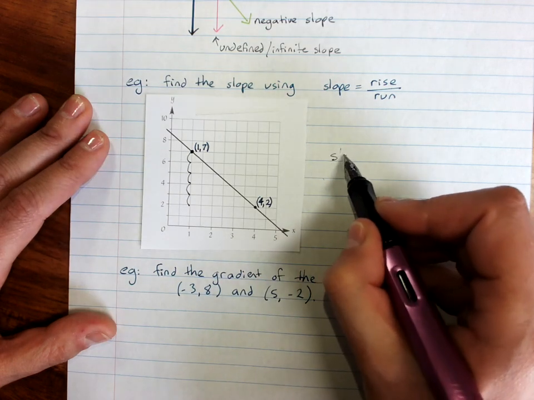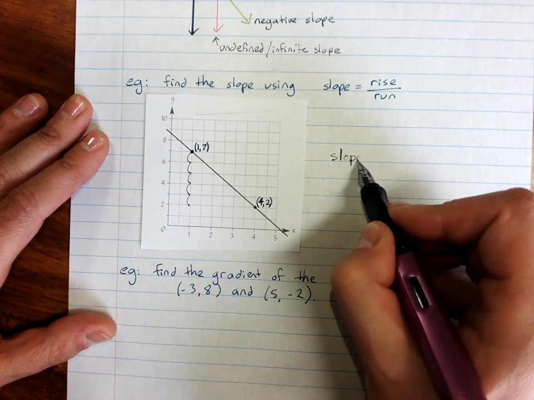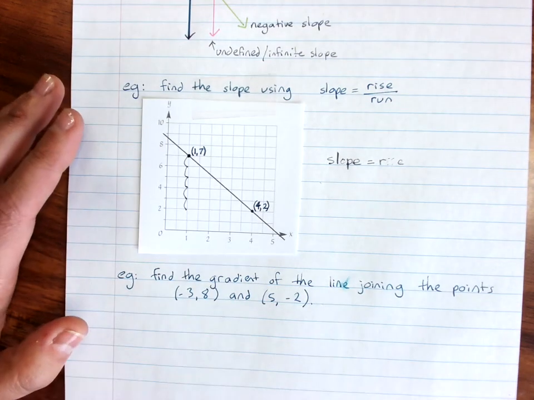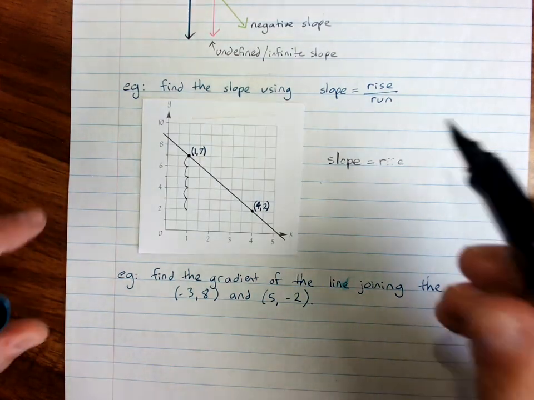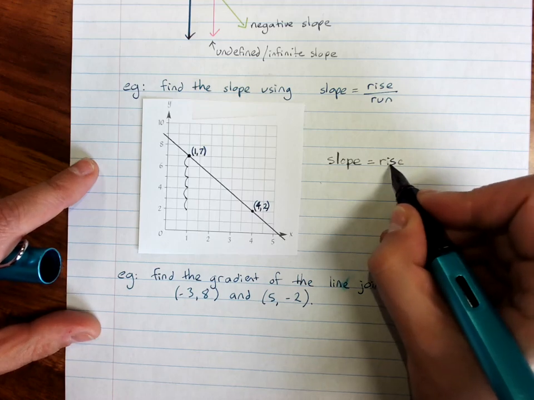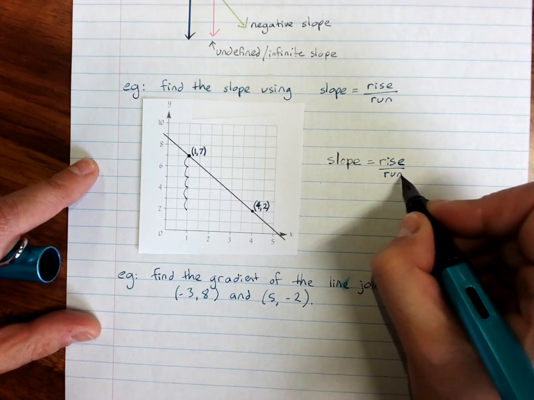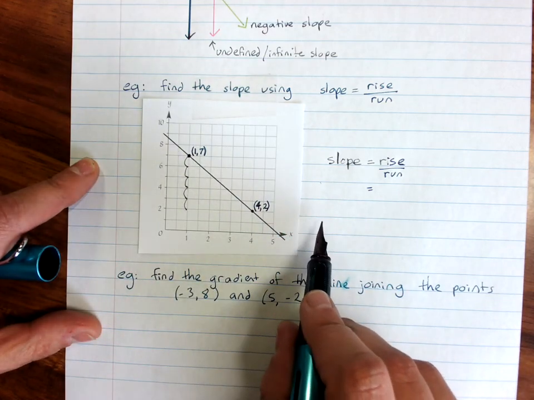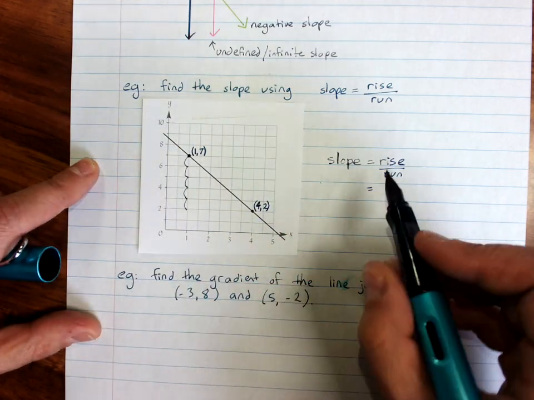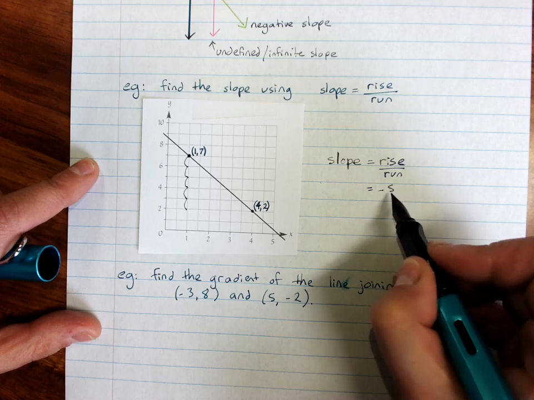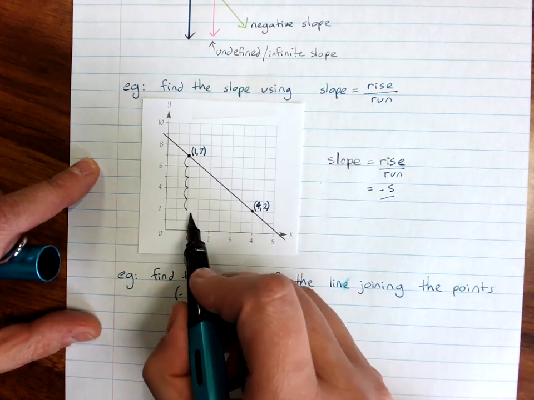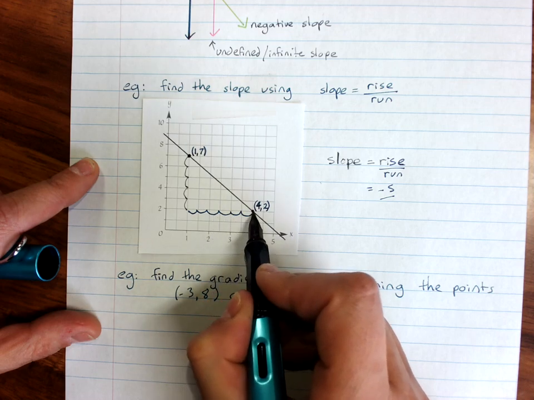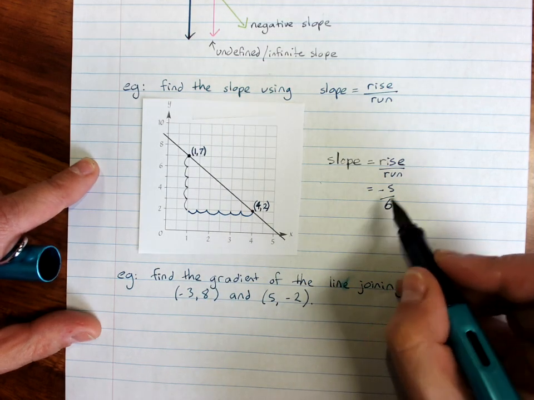So if our slope is rise over run, then because it drops, our rise is negative, it's actually negative 5, and our run going across with x is 1, 2, 3, 4, 5, 6, and 6.